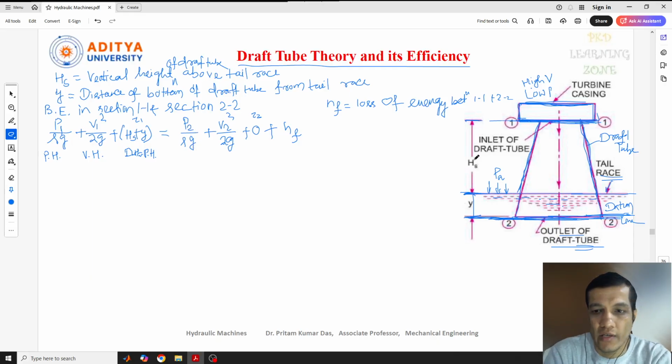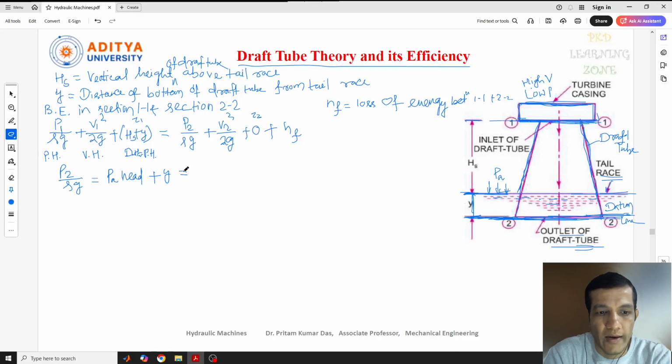Now the next thing is the second pressure head, P2 by rho g. At this point, at the tail race, what is the pressure? That means atmospheric pressure. So we can write P2 by rho g equal to the atmospheric pressure head, and the distance from this atmospheric pressure head to the datum line is nothing but y.